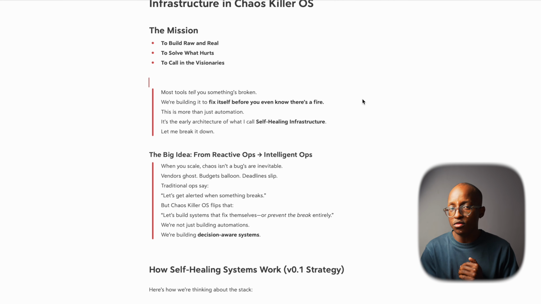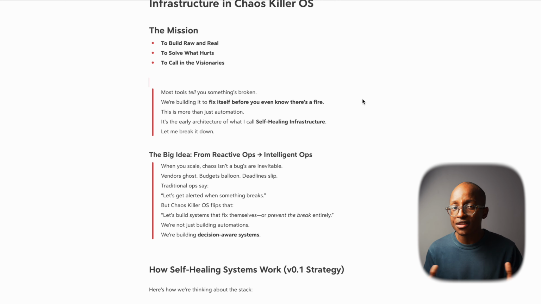But I know that by laying down the MVPs and building for the future, we're going to refine the machine and get closer to that source of truth, which is building Killer Chaos OS into the beast that we ultimately see it to be. This is going to take time, it's going to take a ton of iterations, so we're going to build it and keep learning from it each and every single day to turn this from reactive ops to intelligent ops, because you want to implement an intelligence brain into your system.